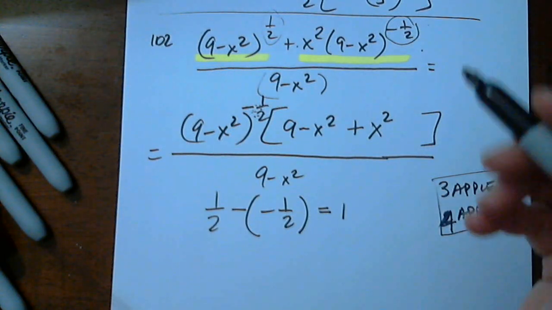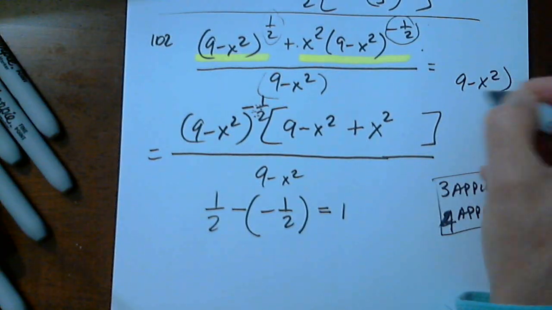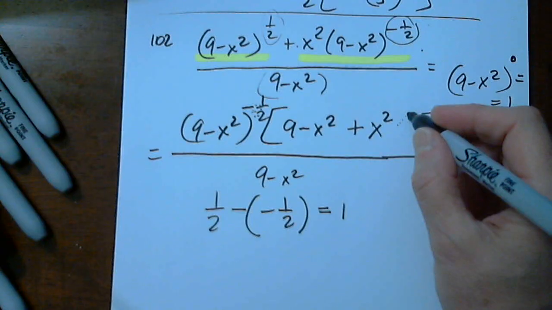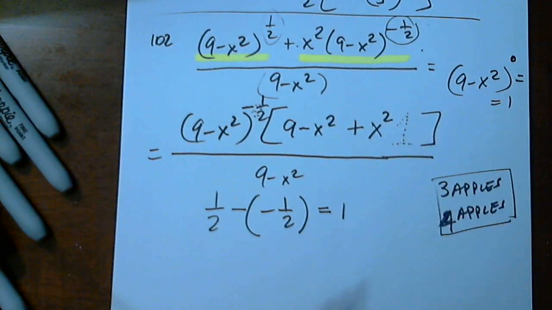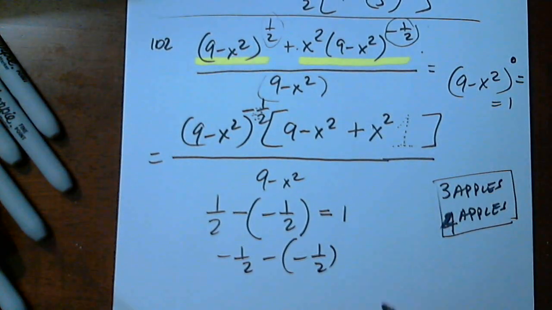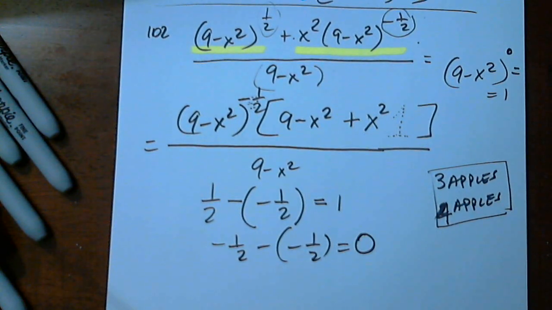Exactly. Or you can say 9 minus x squared to power 0, which is 1. Of course, you don't have to write it. I just want to emphasize it. There's nothing left. But nothing does not mean 0. From power negative 1/2, when I subtract power negative 1/2, the power is 0.